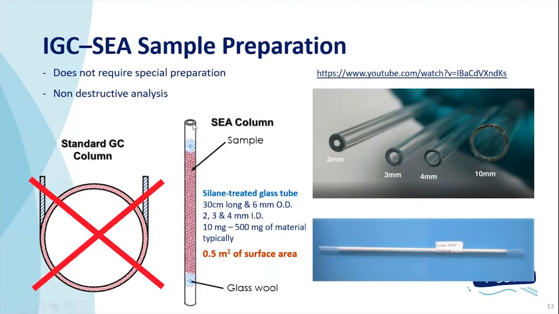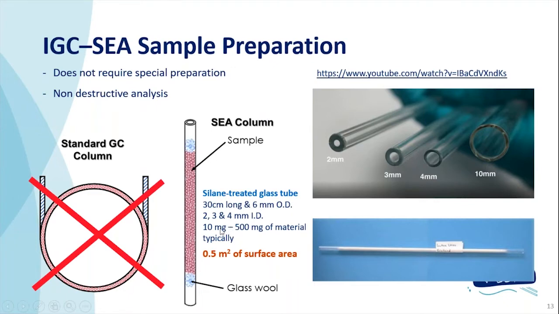The columns are typically a 30 centimeter glass column, and to pack a column, you simply place a small amount of glass wool at one end, and load it with your sample of interest. This could be a fiber, it could be a granule, could be powders, could be films, and a small amount of glass wool to hold it in place. We have a range of column diameters of different sizes to accommodate a range of both volumes and sizes of particles or powders or fibers.